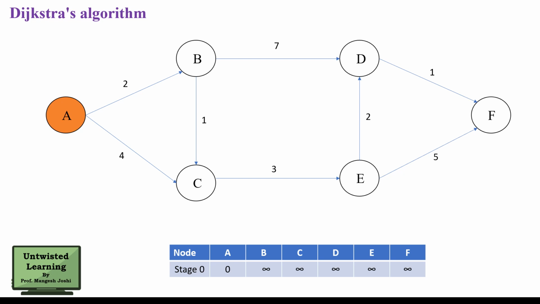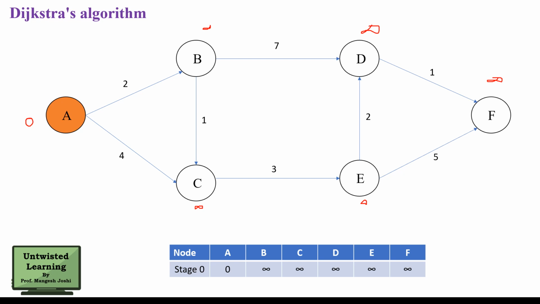Okay, so at stage 0 it will start with 0, right? Because the originating station will have the cost of transportation as 0, and we will put all the other costs as unknown, which is infinity at stage 0. Then we will gradually update all these costs based on the value.